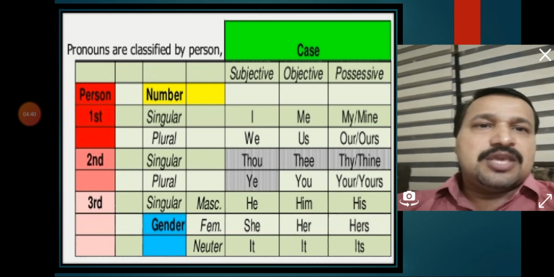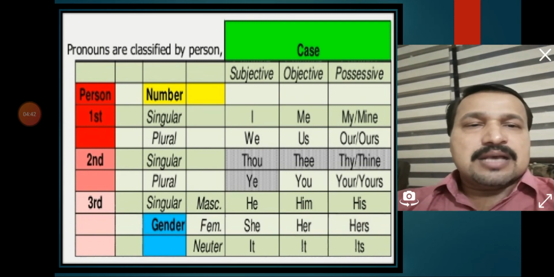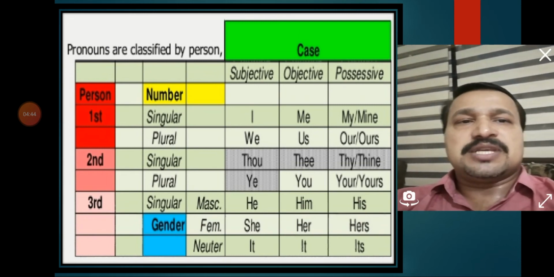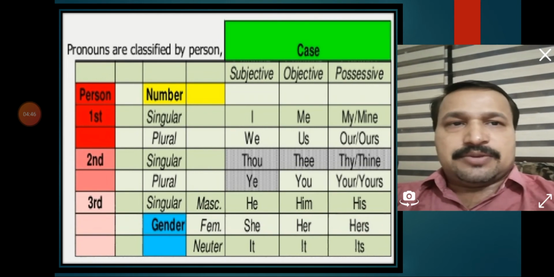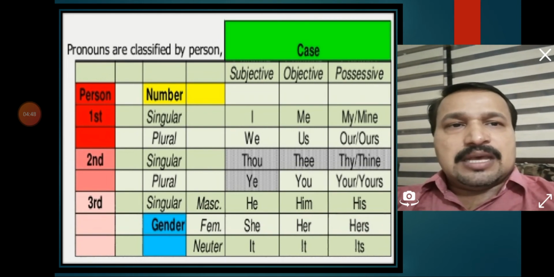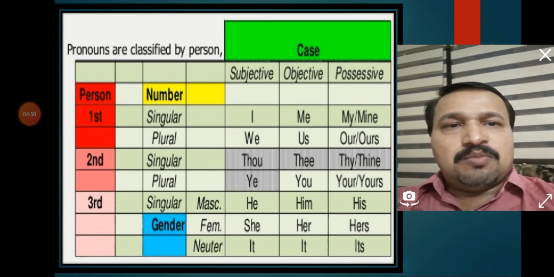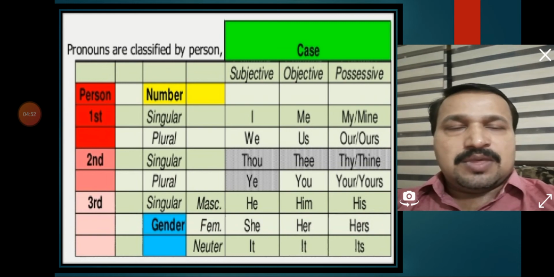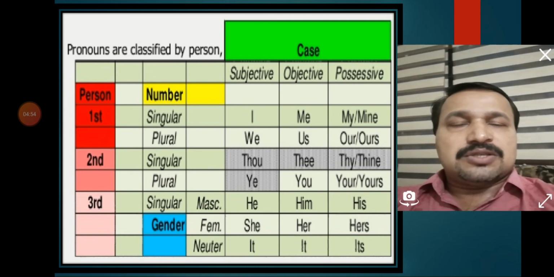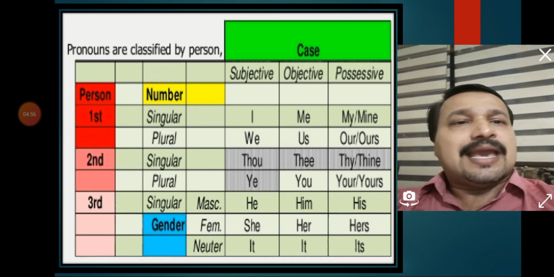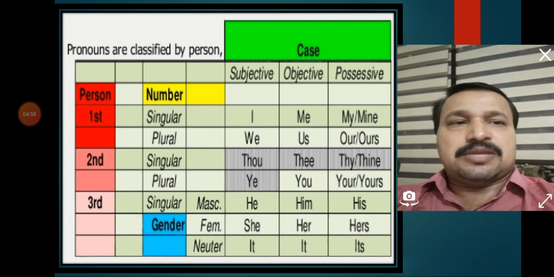Suppose I is used as the subject, it is said to be subjective case or nominative case. When the form of I, that is me, is used as the object of a sentence, it is said to be accusative case or objective case.